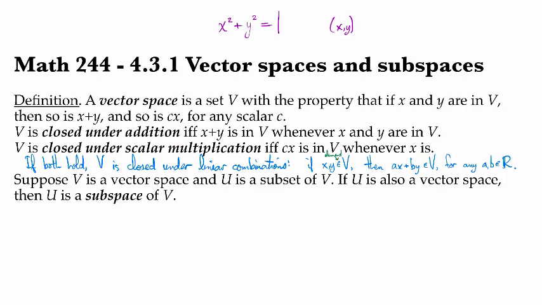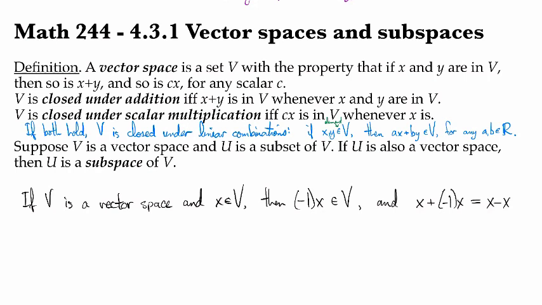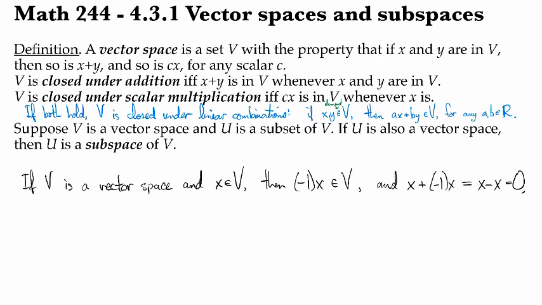One conclusion that we can draw if we know that V is a vector space, and x is some element of V, so suppose x is in V, then by scalar multiplication, we know that minus 1 times x is also going to be in V. And we know that x plus minus x is 0.